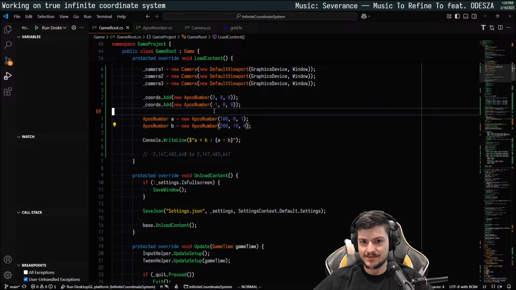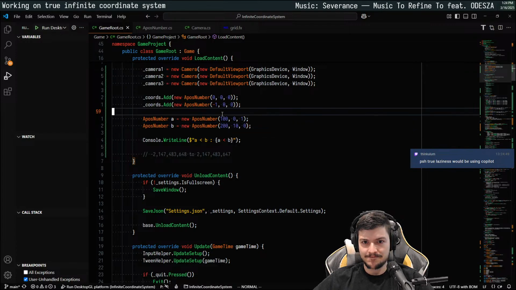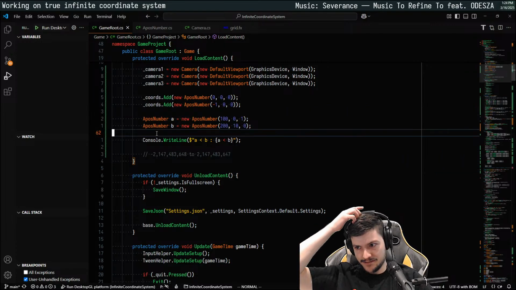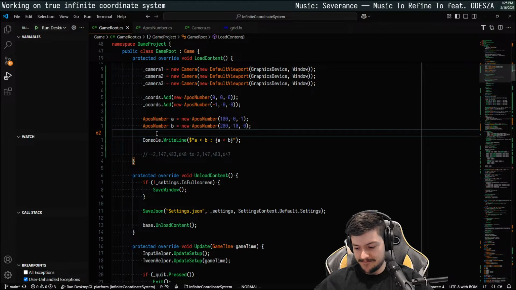This 200. Copilot. I don't think it's good enough, Copilot. I tried the, and it's doing some really weird logical errors.